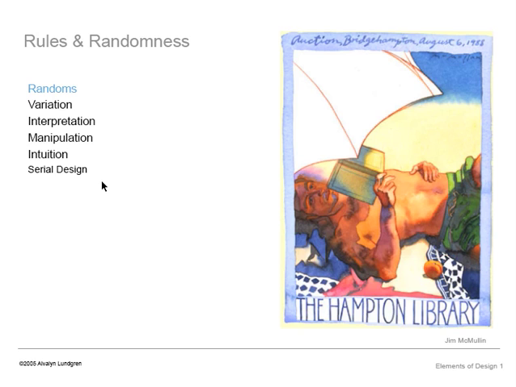Interpretation is also something that can be understood as being random. We can have the same set of rules and interpret it very differently. If you've been looking at the design solutions that other students have submitted and looking at the critiques as they've been posted, you will notice that no project that anybody has submitted looks like anybody else's.